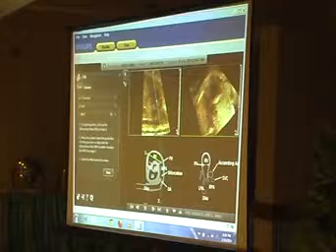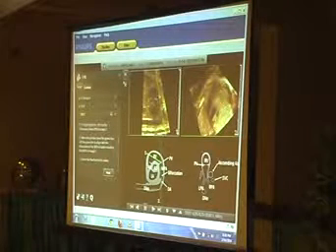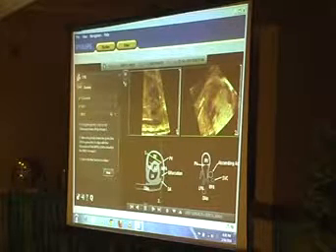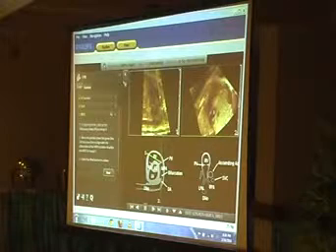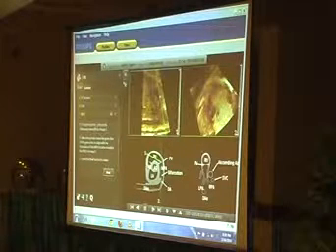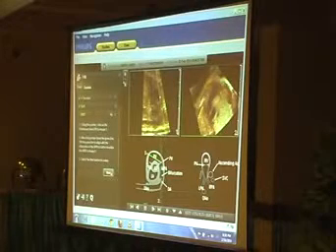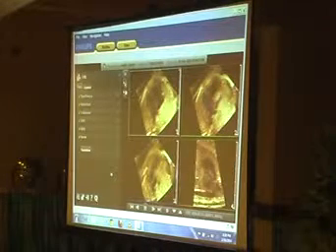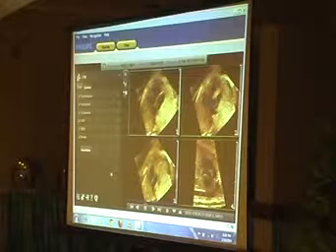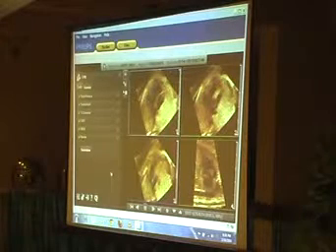Now you have to keep this line in the ductal arch, and the three vessel view will come into prominence. This is the pulmonary artery, the aorta, and this is the SVC. And this will give you an adequate representation of the normal heart.